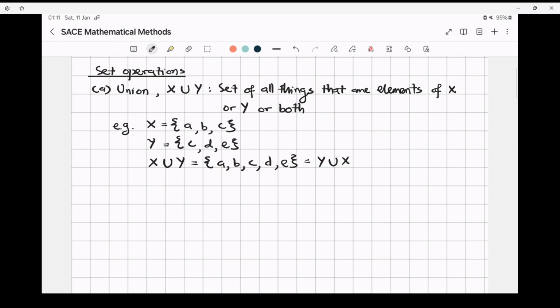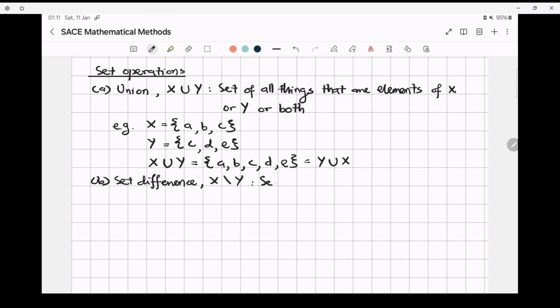The second operation that you would need is the set difference. The notation will be x, this particular slash, y. So what is the definition of set difference?